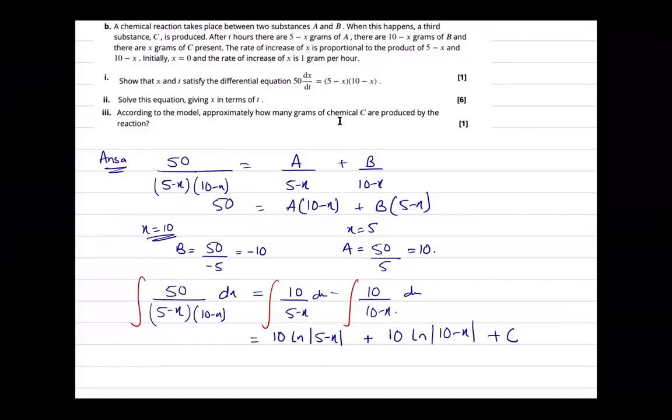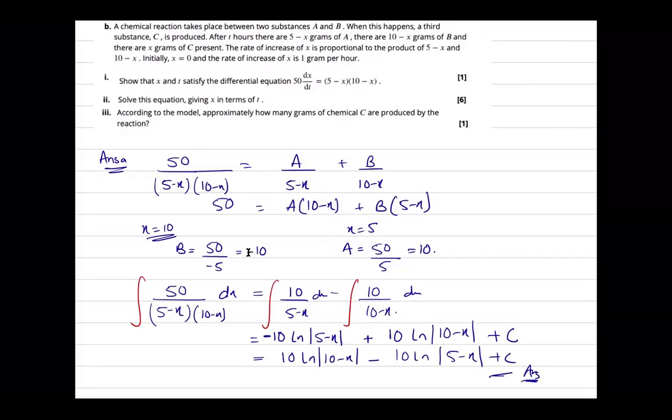Oh, my bad. This is going to be minus 10 ln 5 minus x plus 10 ln 10 minus x. If you rearrange this, you should be getting 10 ln 10 minus x minus 10 ln 5 minus x. Okay, that's the answer for the first part. Yes, sir.